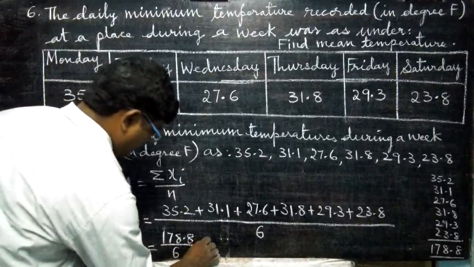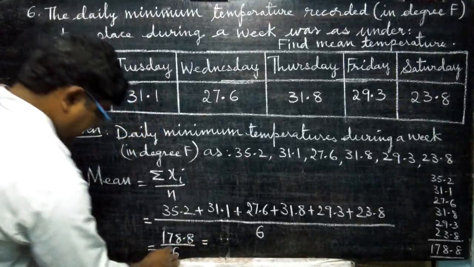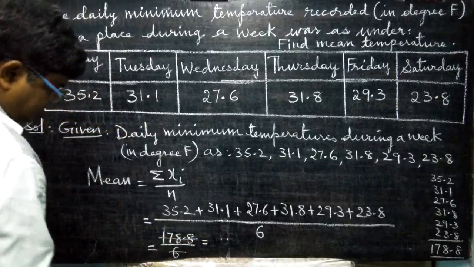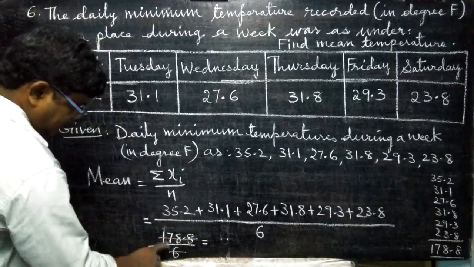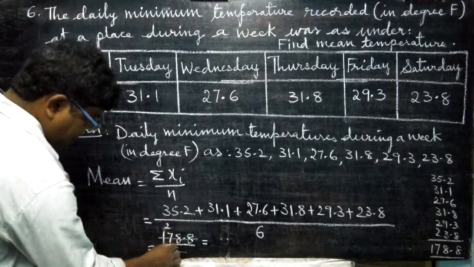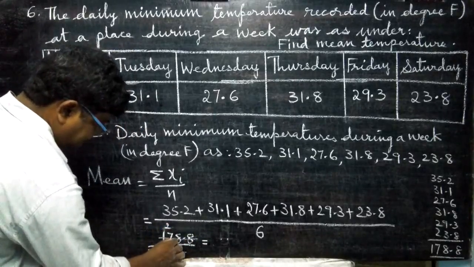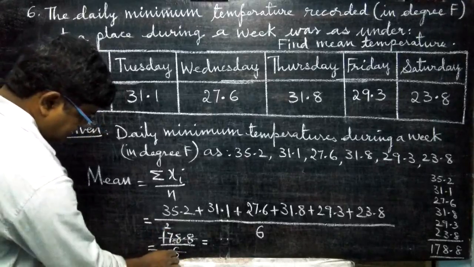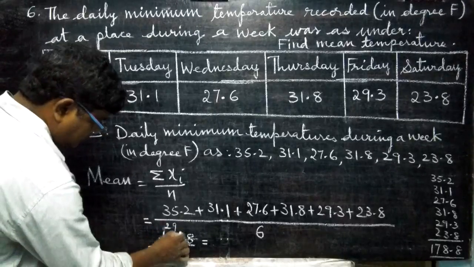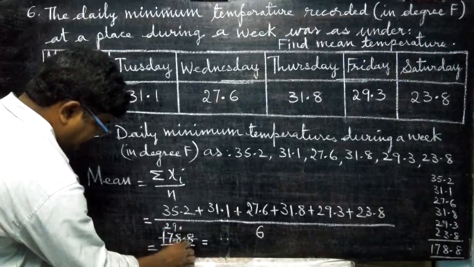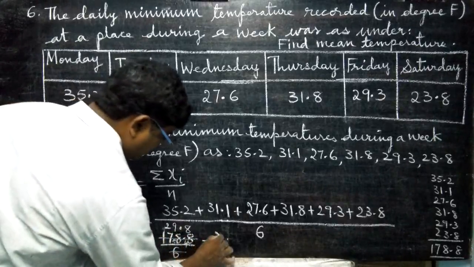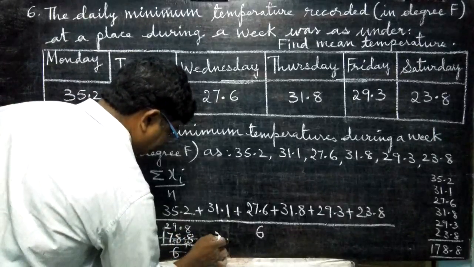Now divide by 6. 3 sixes are 18. 3 sixes, it won't go. How many times? 2 times. 12. 5 remaining. 58. 6 nines are 54. Decimal is there. 4 you write here. 48. 6 eights are 48. So 29.8.